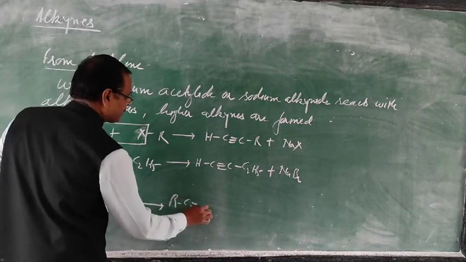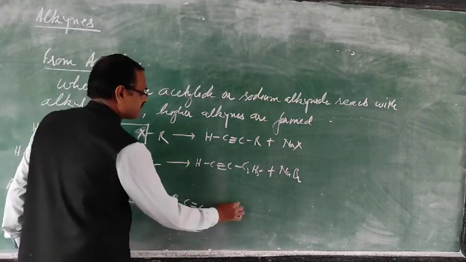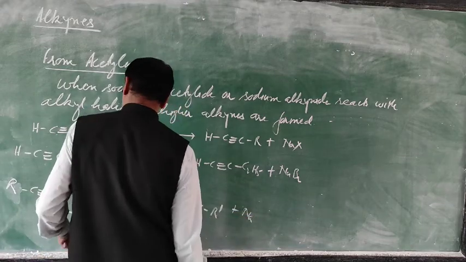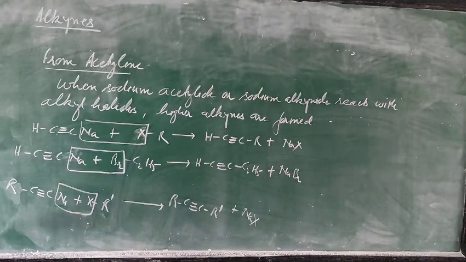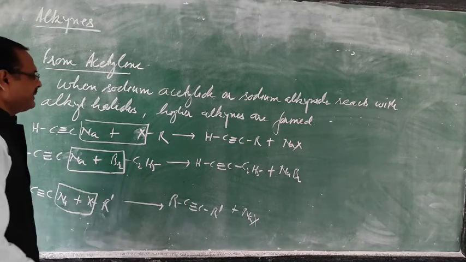RC triple bond C R' plus NaX. Now the question is how can you get sodium acetylide? It is very easy. You can react acetylene with sodamide, or sodium in liquid ammonia, and you can get the sodium acetylide.